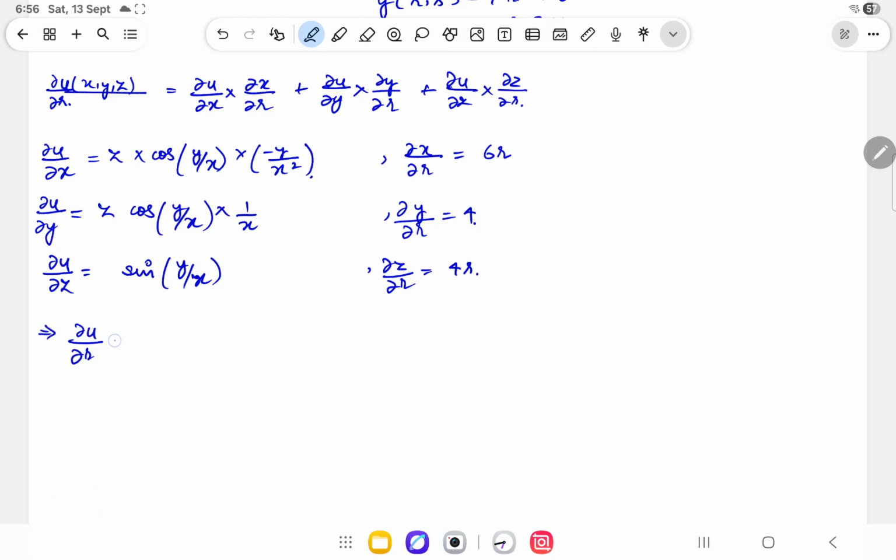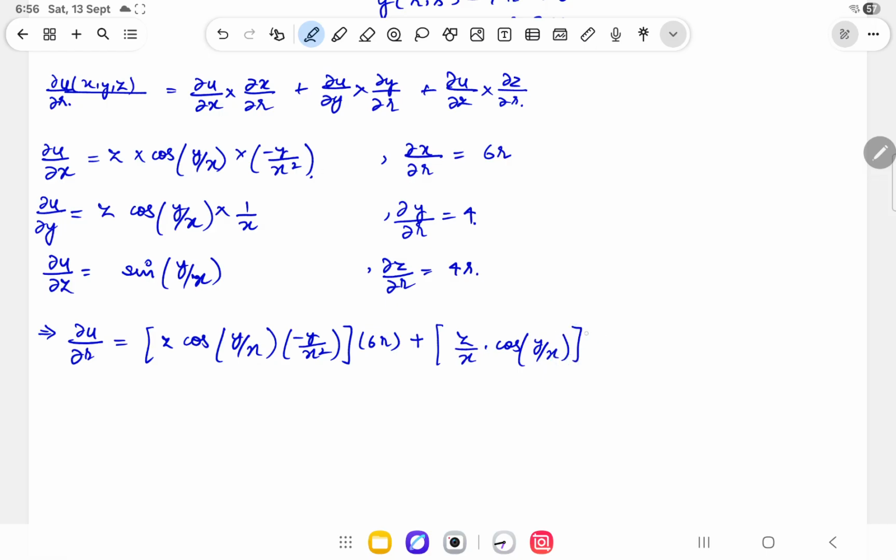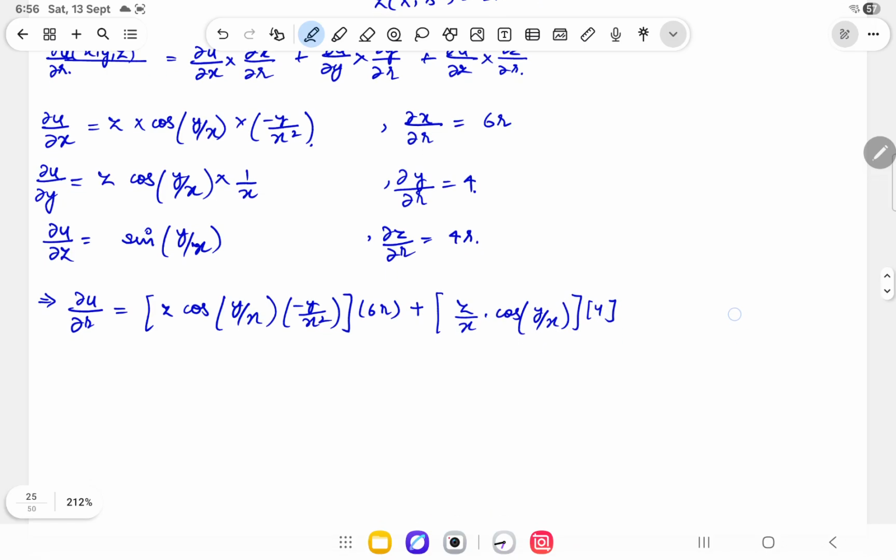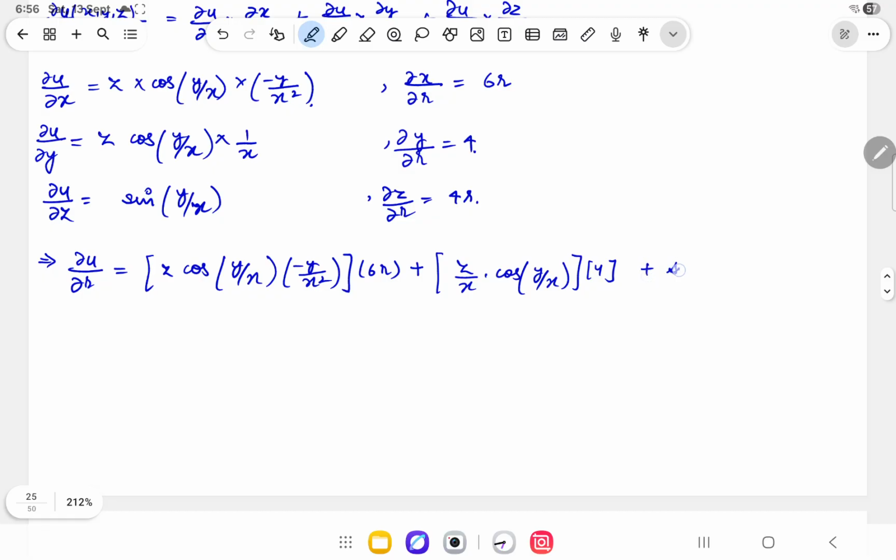So now let's substitute these values and see what we get. ∂u/∂r is equal to z cos(y/x) into minus y upon x square into 6r, plus z by x into cos(y/x) into 4, plus sin(y/x) into 4r.